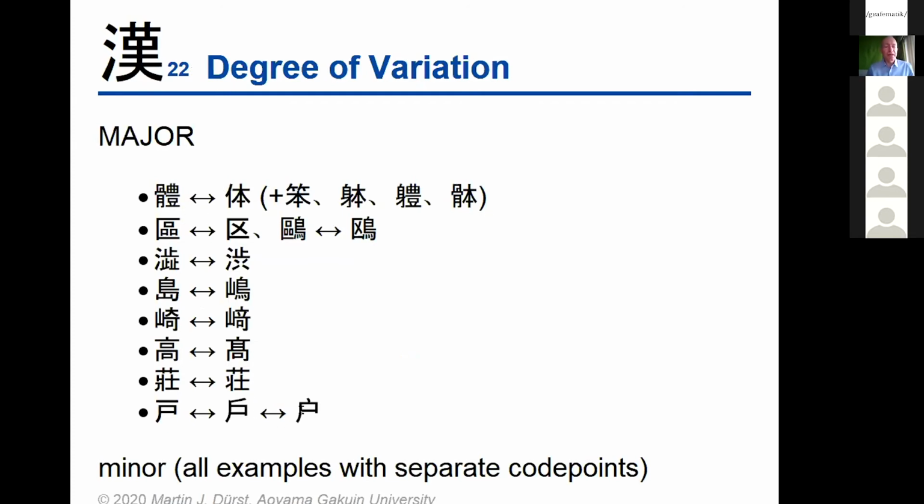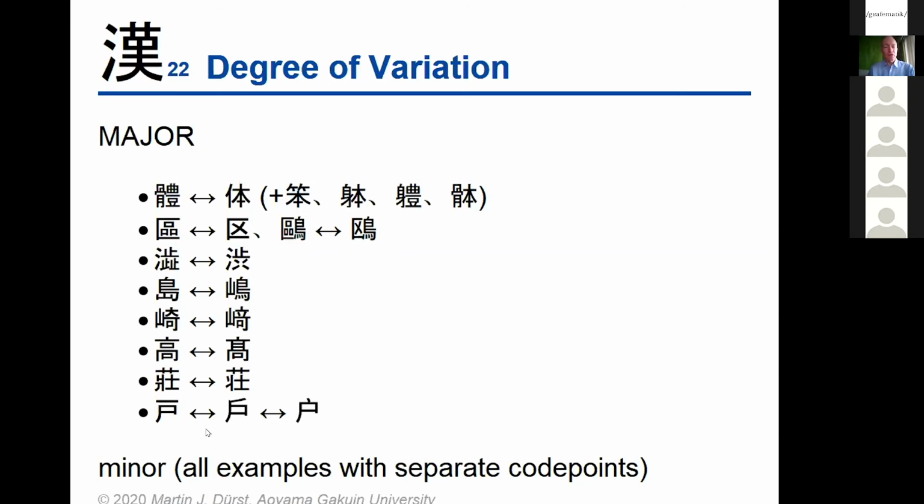Okay, the degree of variation, I made a little bit of a list here of examples from major variations to minor variations. This first here, the character for body, is really, there's no direct relationship between the traditional and the simplified, except that all of these parts in some way you can think, well, okay, it relates somehow, somewhere to body. On top of that, there are a bunch of others that also are variants of this character.